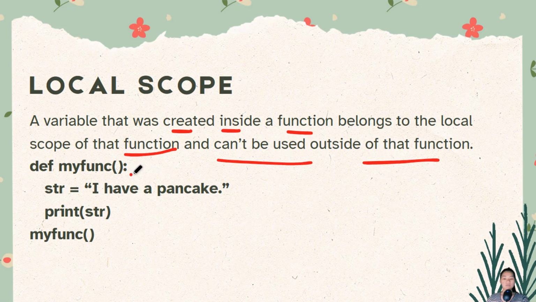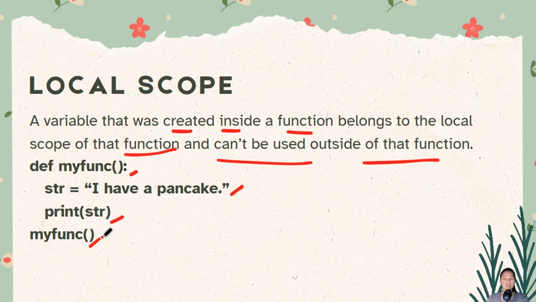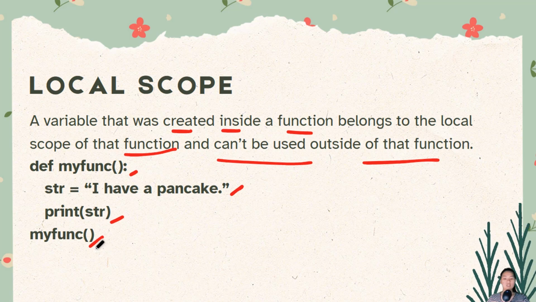For example, I have my function, my func, and I have a variable string. I have a pancake. Now, I can print string, right? And I call on this function. So I don't need to print it anymore or assign my function to a variable. Just need to run my function and it will run the print statement.